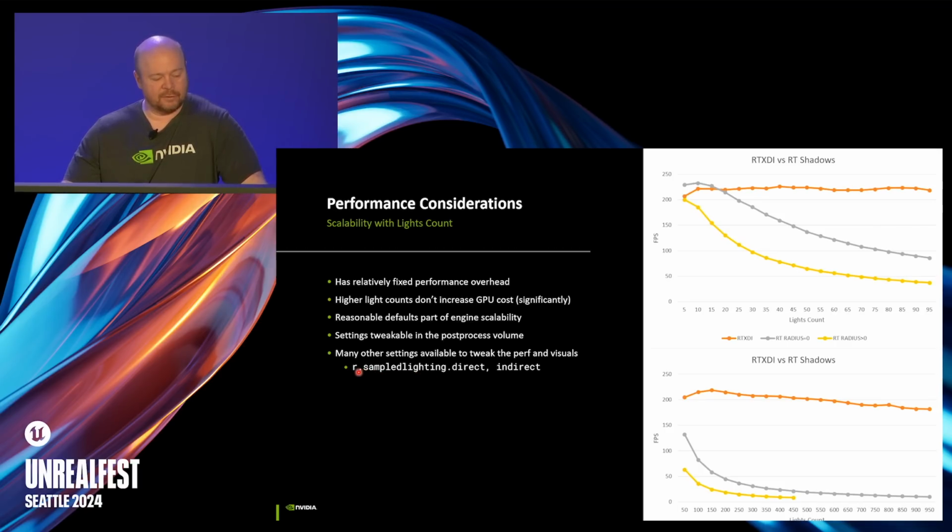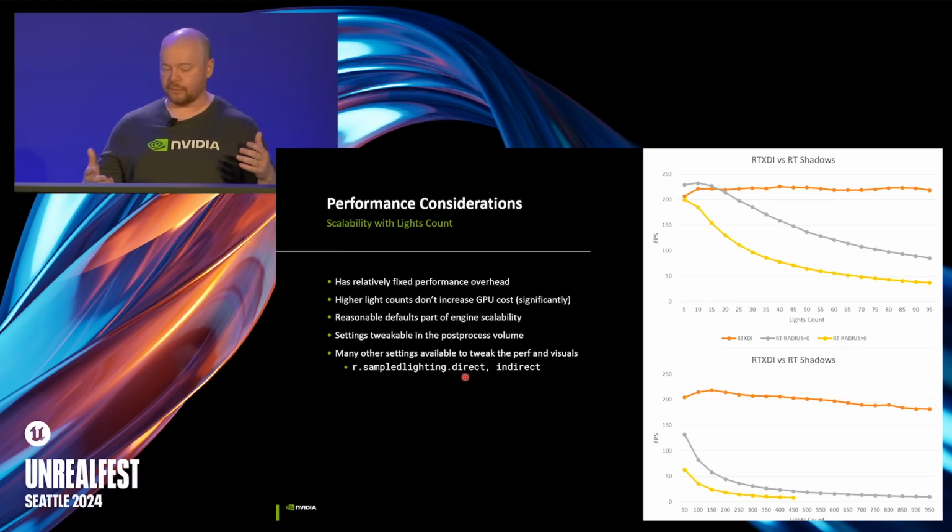But now everything is under r.SampleLighting, and from there it's either direct or indirect, because you're always pretty much messing with your direct lighting, like your shadow casting lights, or your indirect, your GI and what used to be ambient occlusion.